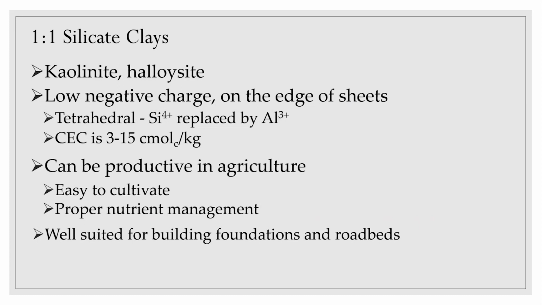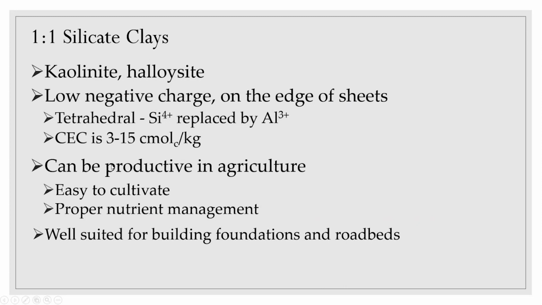And this goes all the way back to that rock cycle and the minerals that are available inside of that melted molten magma. It could be that it's silica, it could be that it's aluminum, not really sure. We weren't there when it was made. But this is what gives us this 3 to 15 centimoles of charge per kilogram. And we'll look at this in a moment.